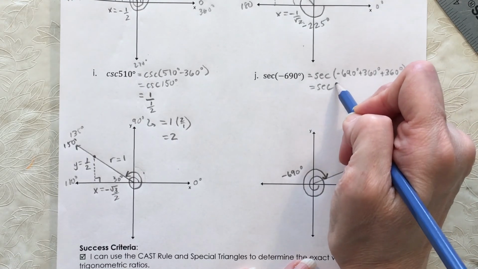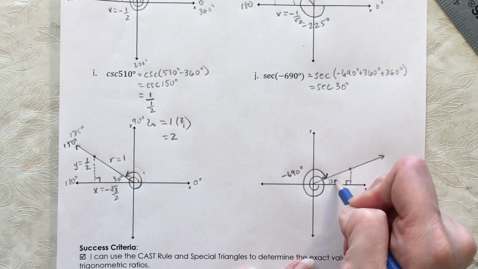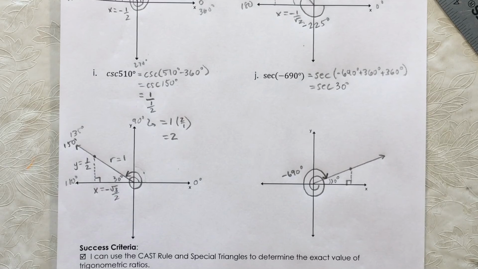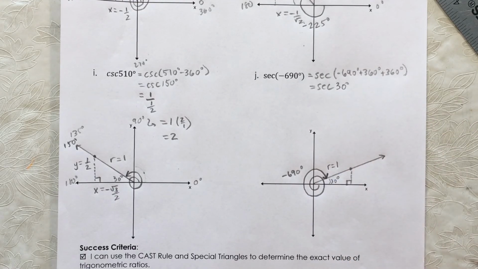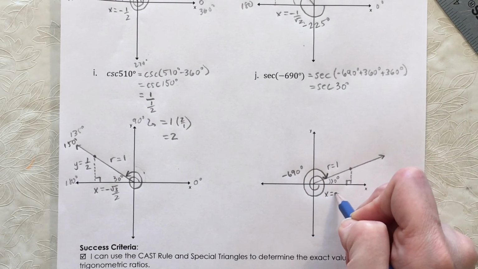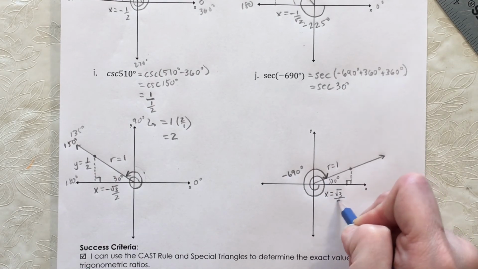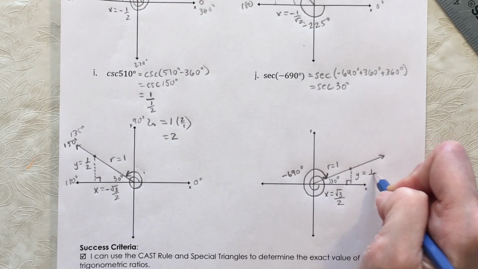And we know that it's going to be the same as the sec of 30 degrees. We know this angle in here is 30 degrees, which means my r is going to be 1. According to the 30-degree special triangle, x is either going to be positive or negative root 3 over 2. It's going to be positive in the first quadrant, and y is also positive in the first quadrant.